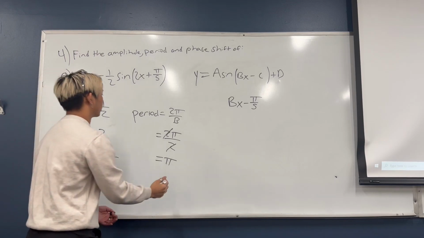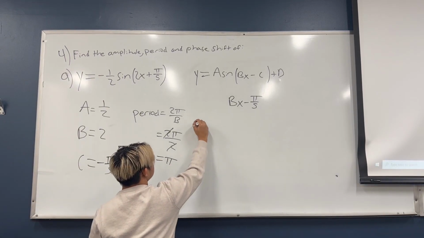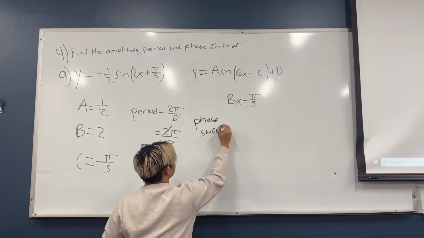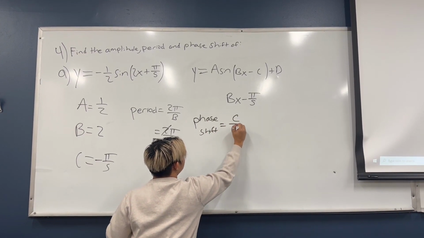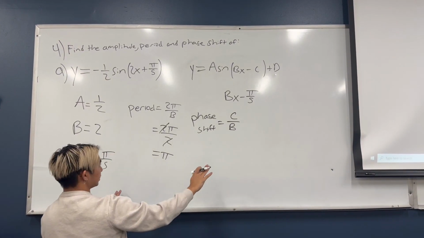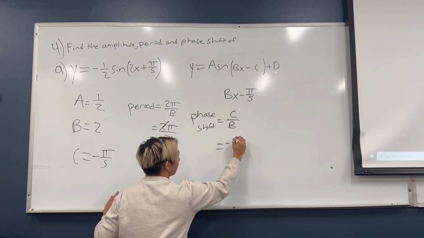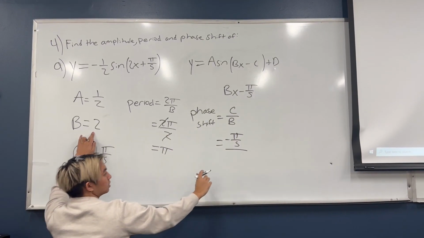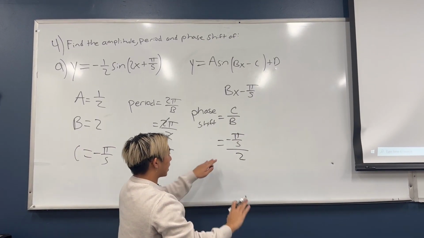To find phase shift, it's yet another formula. Phase shift is equal to c over b. We just found c and we have b already. So our phase shift is equal to negative pi over 5 all over b, and our b is equal to 2. So we have a fraction over a whole number.